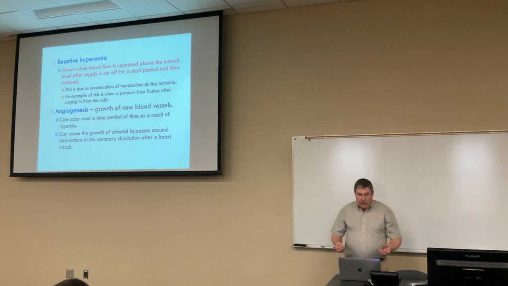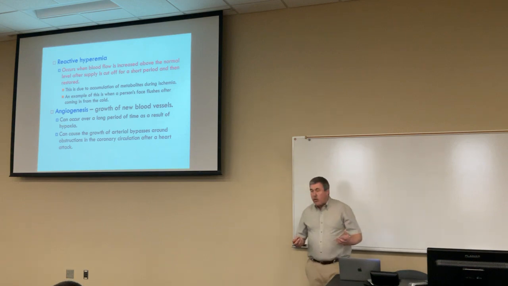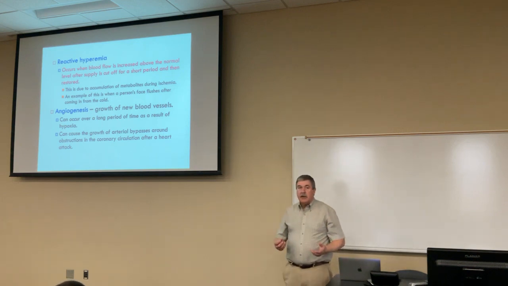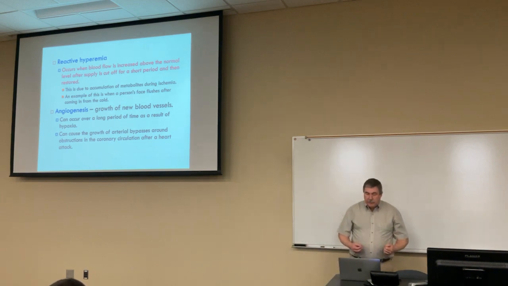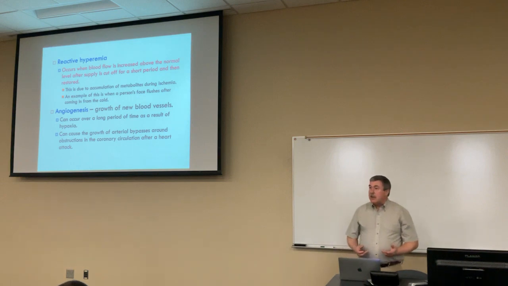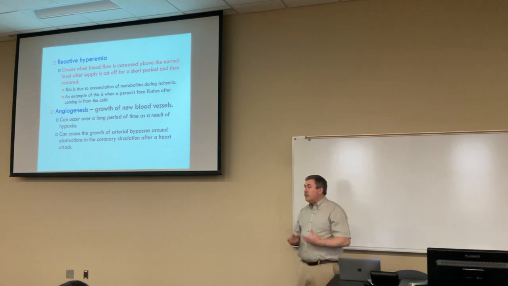That can cause the growth of arteries that bypass obstructions in the coronary circulation of the heart. So it's a way of recovering from, like, a heart attack. But angiogenesis can occur anywhere in the body. Angiogenesis refers to development of new blood vessels.